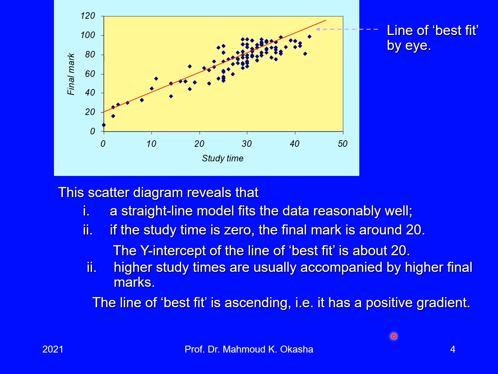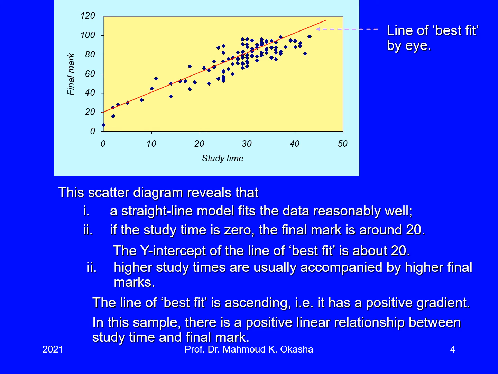The line of best fit is ascending, which means that it has a positive gradient or a positive relationship. So the line of best fit is ascending. There is an ascending relationship between the independent variable and the dependent variable.